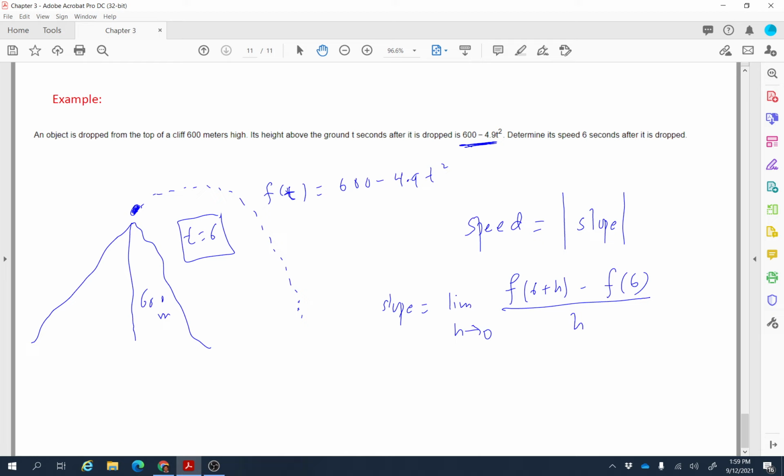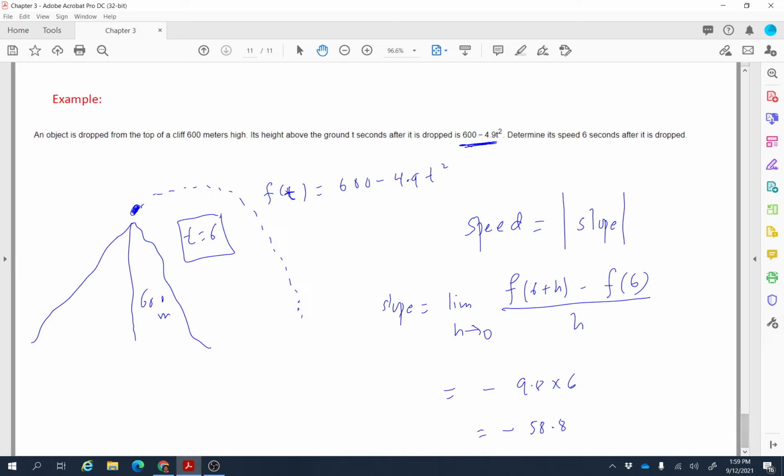So find the value of the function at 6 plus h, minus the value of the function at 6, and then find this limit. If you simplify this, eventually it will be negative 9.8 times 6, which is negative 58.8.